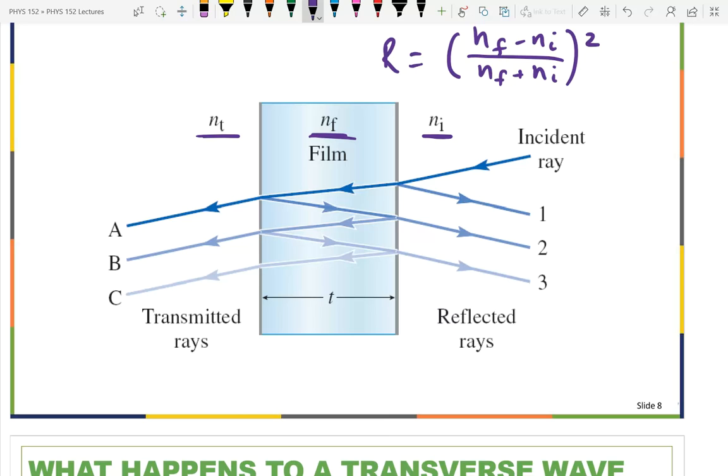So this incident ray is going to have about 5% of the light reflected. About 95% goes into the glass. So 5%, 95%. When it hits the next surface, let's say it's going from glass back into air, what percentage is going to be transmitted?